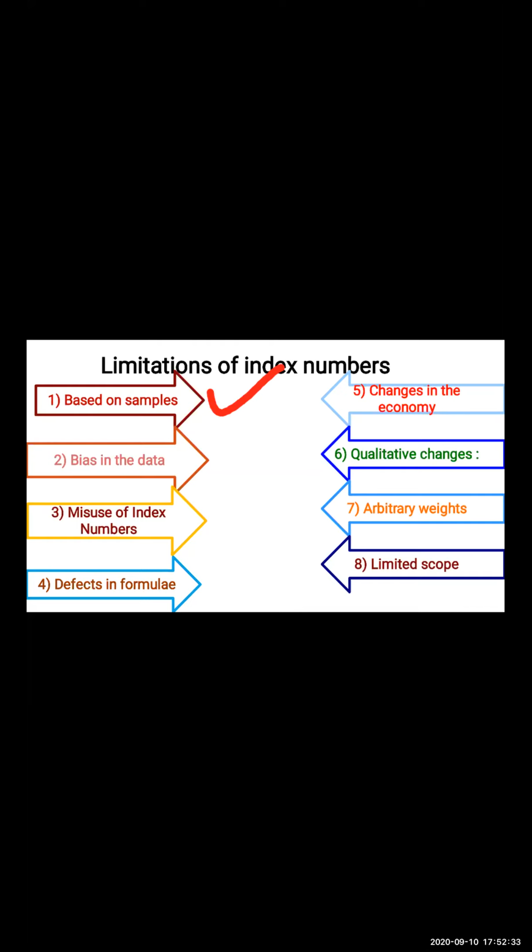So index numbers are generally based on samples. We cannot include all the items in the construction of index number. Hence, they are not free. Whatever samples we are collecting, we cannot rely on that, because while collecting the sample, error might take place. So this is the first limitation.